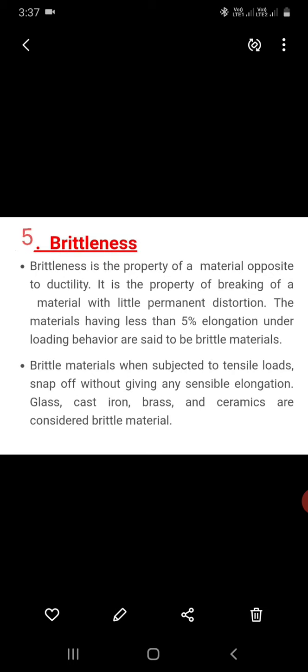Brittleness is a property of a material opposite to ductility. It is a property of breaking without permanent distortion. Materials having less than 5% elongation under loading are said to be brittle materials. Brittle materials under tensile load snap off without giving any sensible elongation.